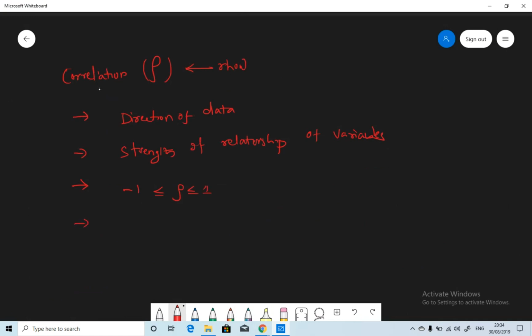Now other points: if rho is greater than 0, it's a positive relationship. If rho is less than 0, it's a negative relationship. If rho equal to 0, it means no relationship.